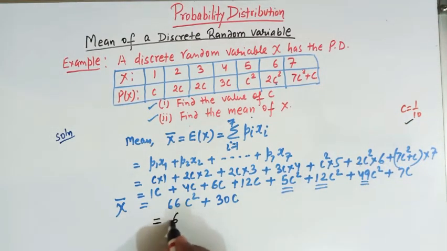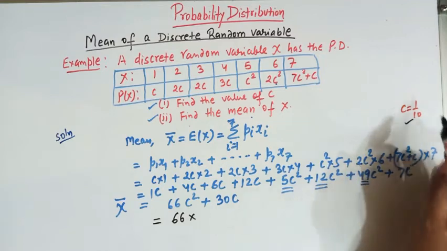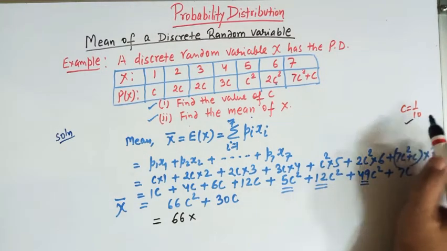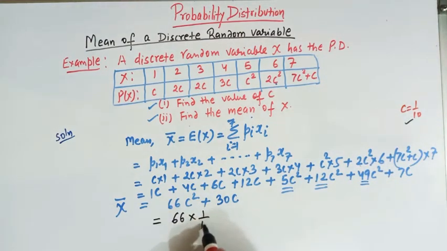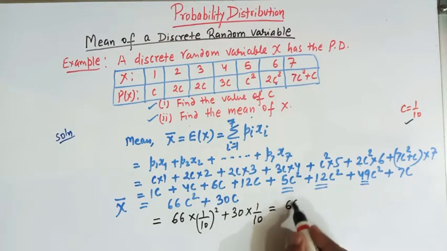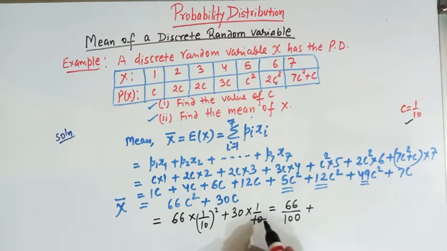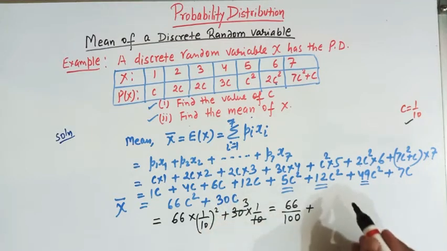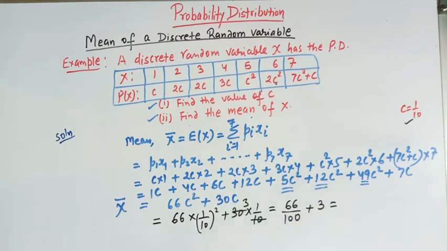So if we substitute c is equal to 1 by 10 here, we get 66 times 1 by 10 square, plus 30 times 1 over 10, right? So we have 66 divided by 100, 10 square is 100, then 10 3s are 30, so here we have 3.